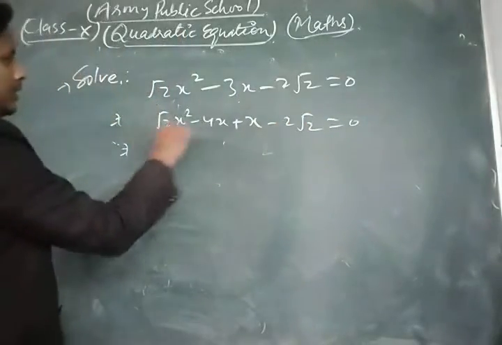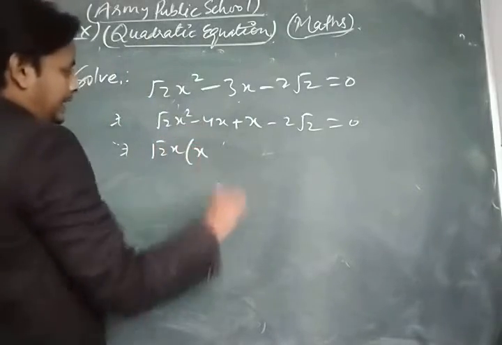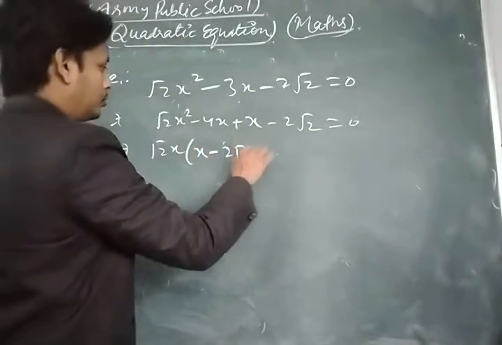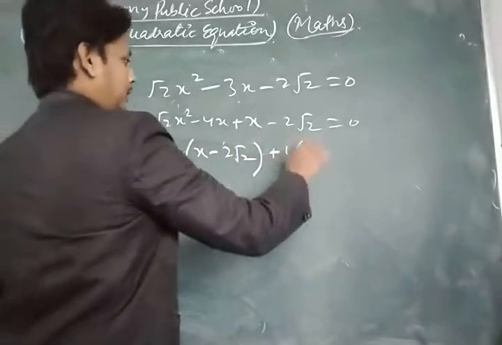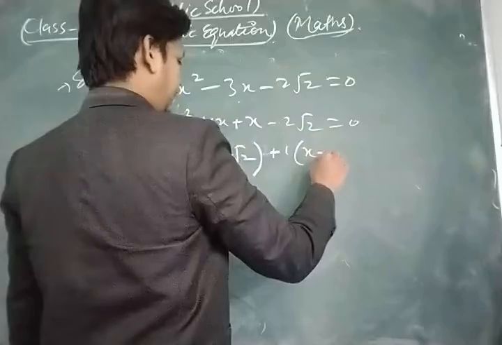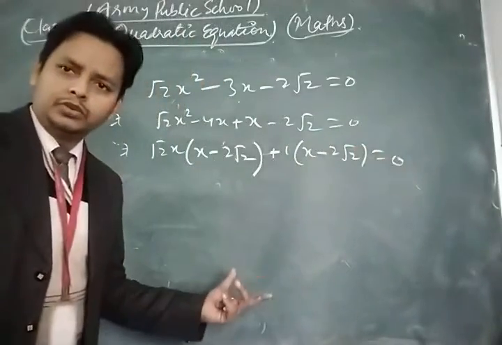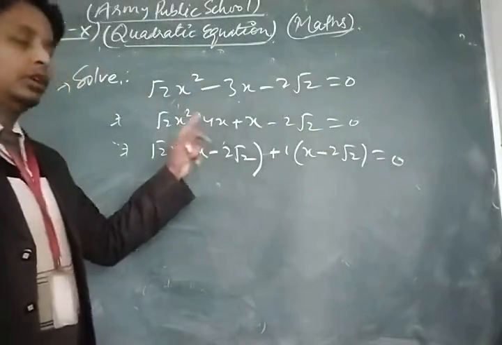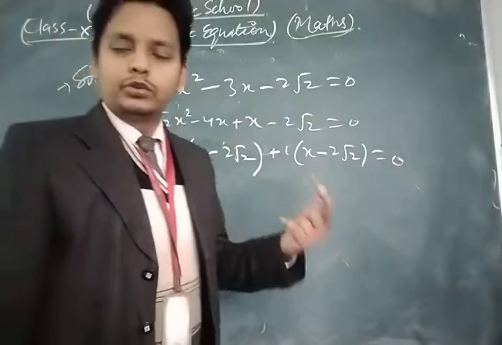Now from there we take root 2x as common, so x minus 2 root 2 is left here, and from the second part we take 1 as common, so plus 1 times x minus 2 root 2 is equal to 0. Because here 4 we can write as 2 into 2, and 2 we can write as root 2 into root 2.